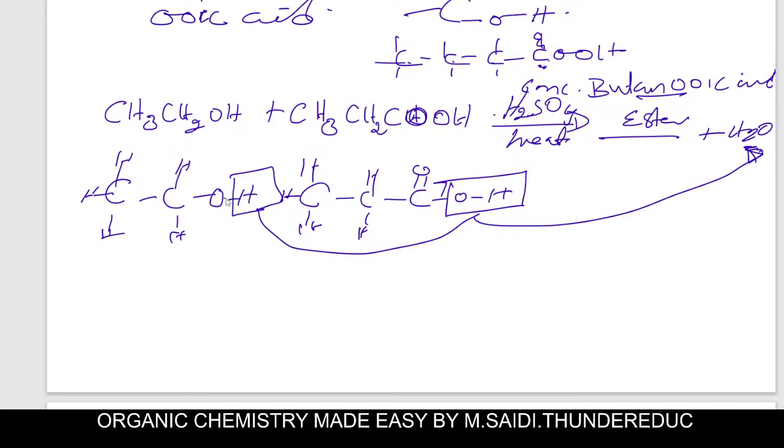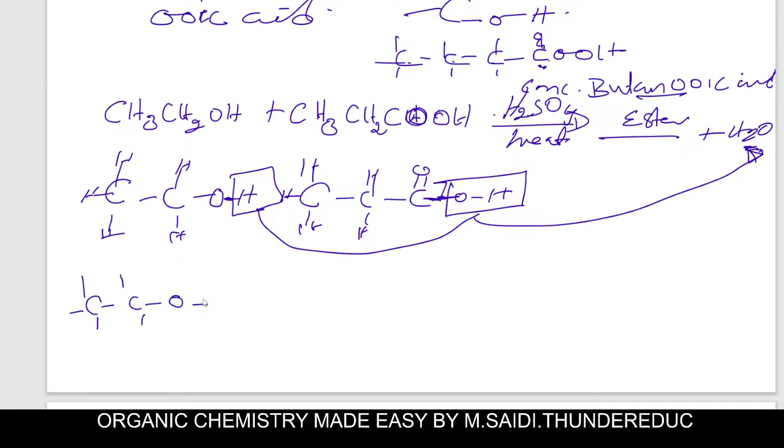Now remember, this was a bond, but it got broken. And this was a bond to oxygen, but now it's broken. So this bond and this bond, half a bond and half a bond, will join to form a full bond. Therefore, when I'm writing, I write this C, oxygen there with half a bond.